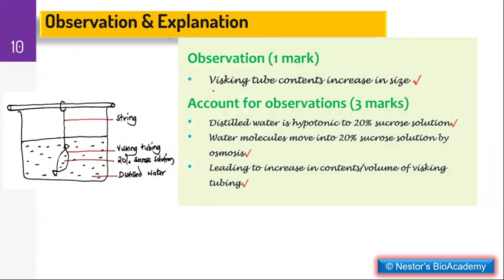We expect the Visking tubing contents to decrease in size, or we expect the Visking tubing to decrease in volume. So the way the question is framed, you have to compare.